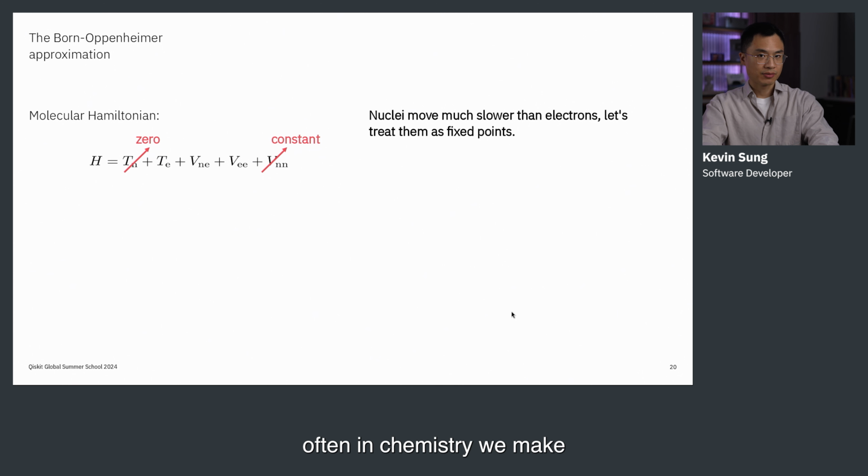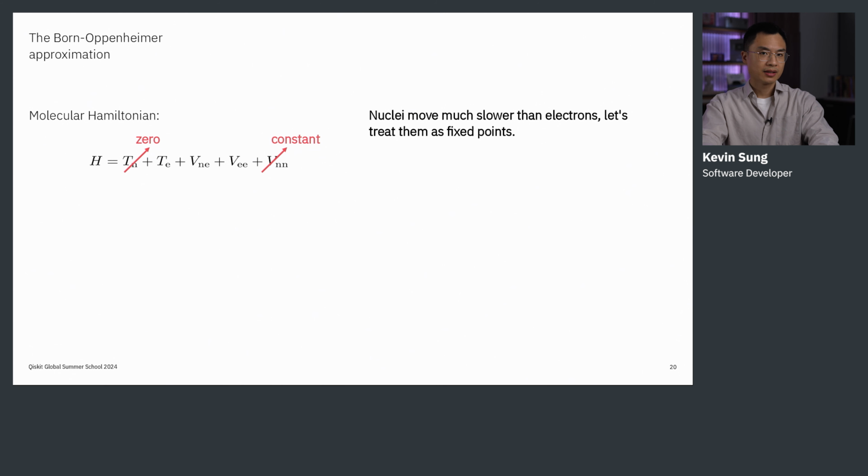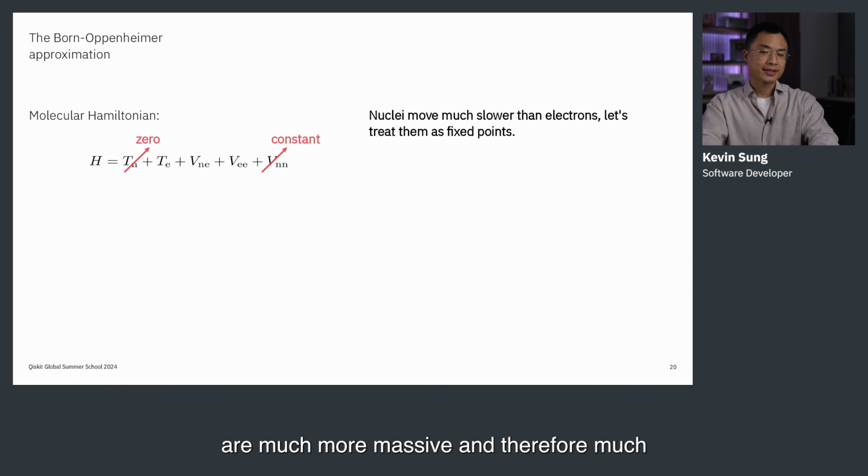Often in chemistry, we make what's called the Born-Oppenheimer approximation to simplify the problem and make it a bit more amenable to calculation. The idea of the Born-Oppenheimer approximation is that nuclei are much more massive and therefore they move much slower than electrons. So let's just treat them as fixed points.